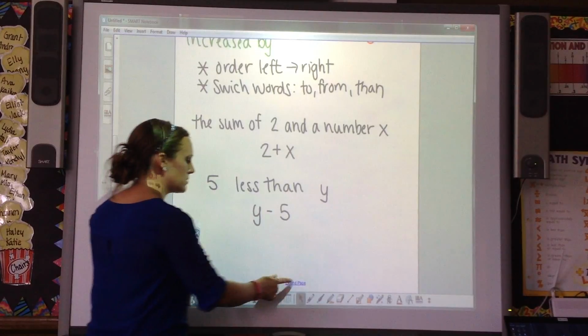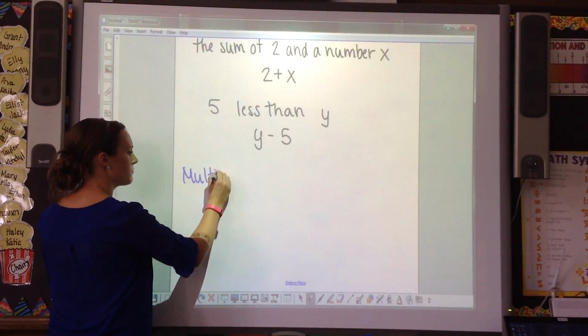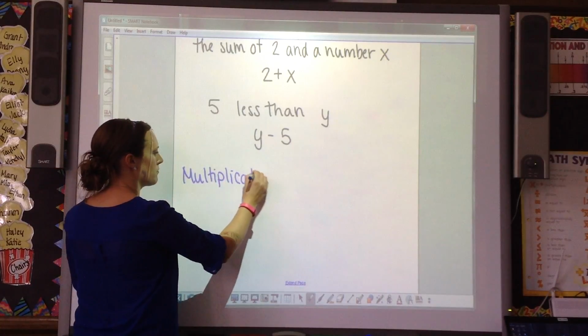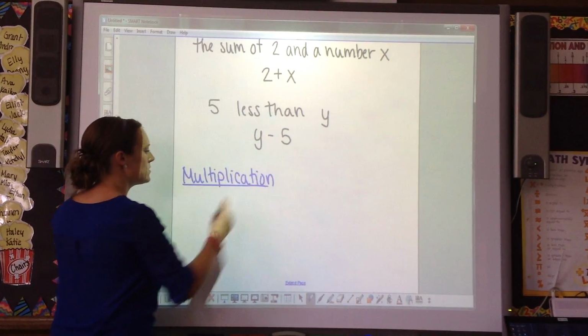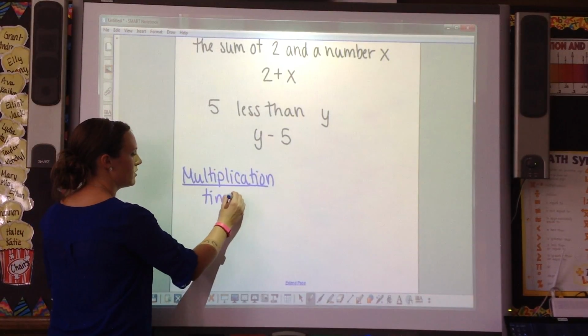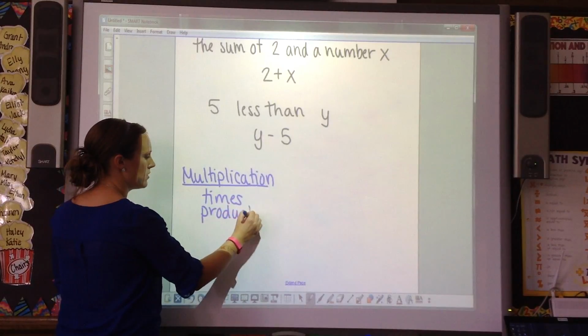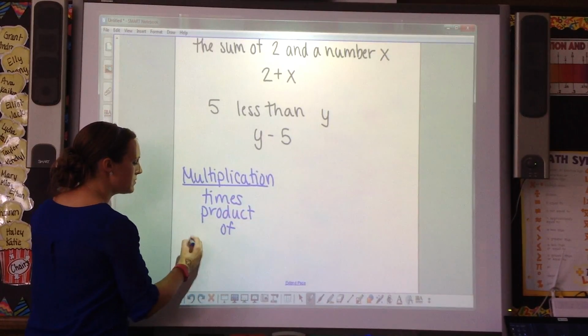Okay, let's talk about multiplication. Here are some words that mean multiplication: times, product, of, multiplied by.